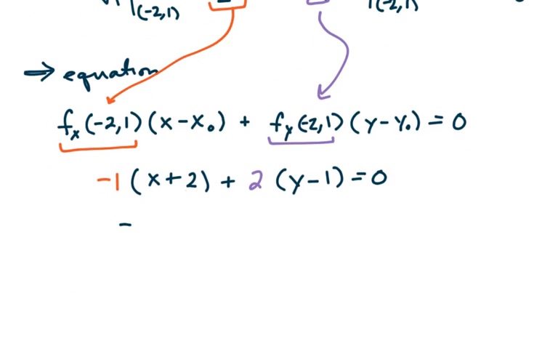So simplifying, -x minus 2 plus 2y minus 2 equals 0. So -x plus 2y equals 4.